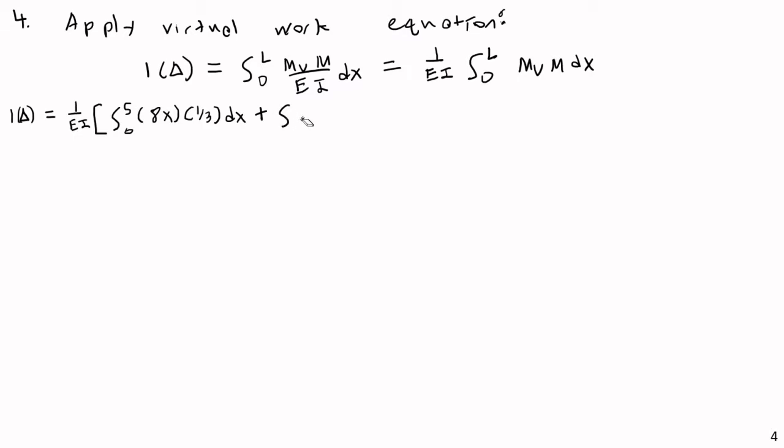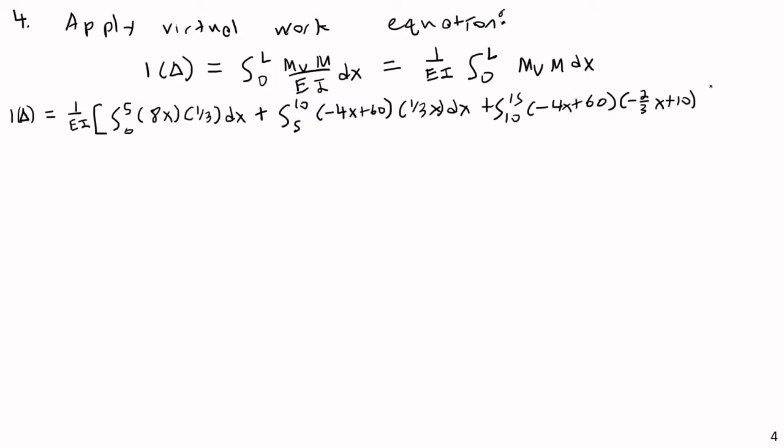Plus the integral from 5 to 10 of negative 4x plus 60 times 1/3 x dx. Plus the integral from 10 to 15 of negative 4x plus 60 times negative 2/3 x plus 10 dx.